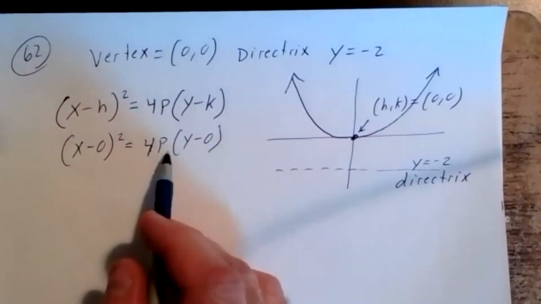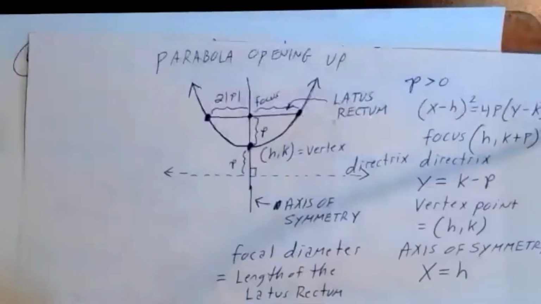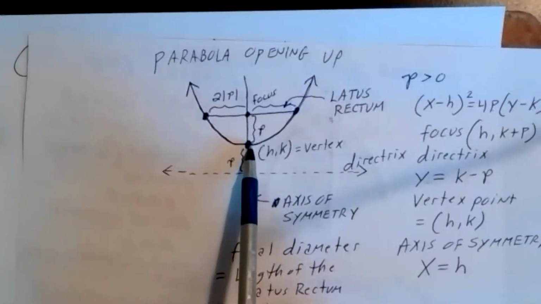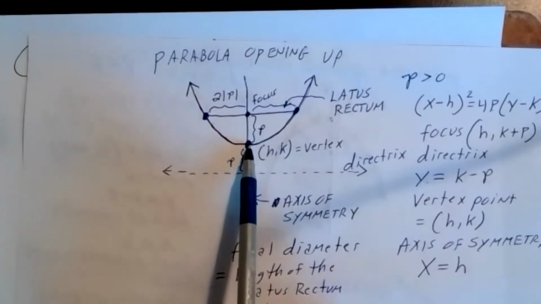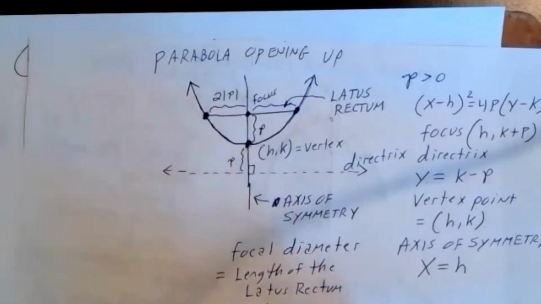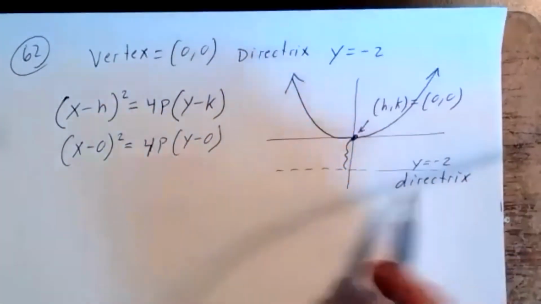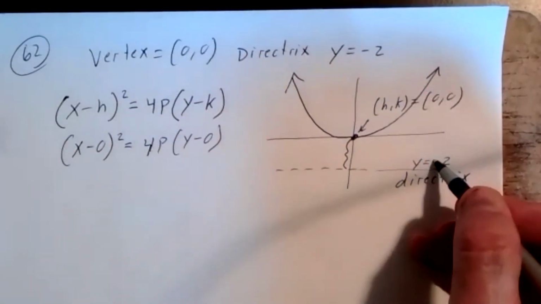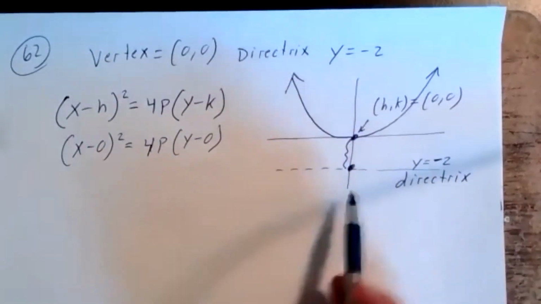Anybody remember what p is? p is the length, the perpendicular distance between the vertex point and the directrix, or the perpendicular distance between the vertex point and the latus rectum, if you will, or the focus point. So we can find this distance, can't we? What distance is the vertex away from the directrix, if the equation of the directrix is y equals -2? What point would this have to be down here on the y-axis? What point is this?